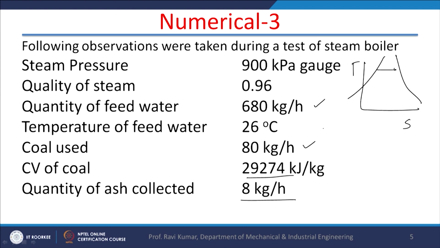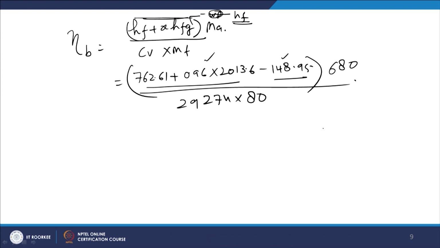Coal used is 80 kg per hour, so that is why I have divided by 80. And this will give the efficiency of the boiler. Once multiplied by 100, that is 75.1%. This is the efficiency of the boiler.